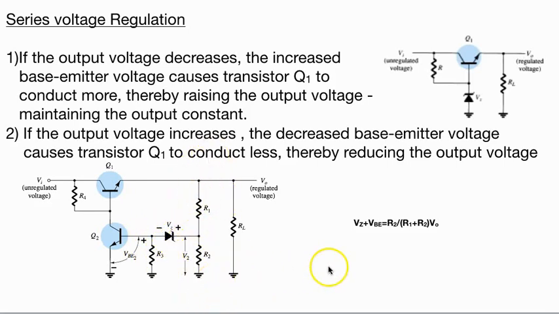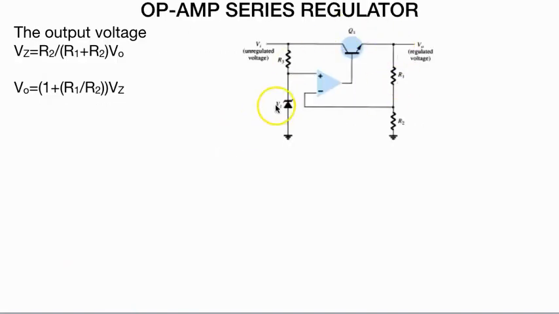So Vz plus VBE2 is equal to V0 R2 upon R1 plus R2. For this, we have our controlling element, our comparator, our sampling, our reference. So we have all four parameters, and our output V0 is 1 plus R1 by R2 into Vz.